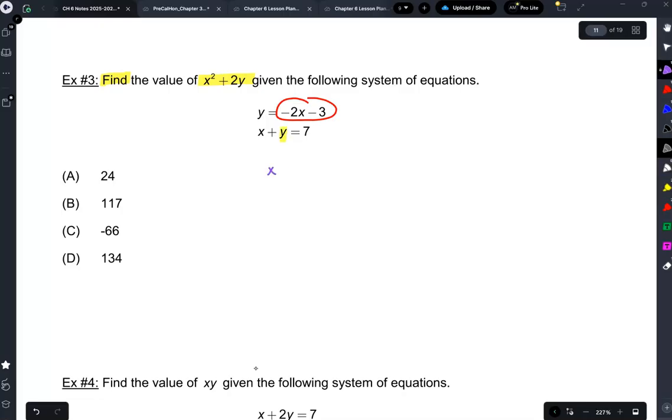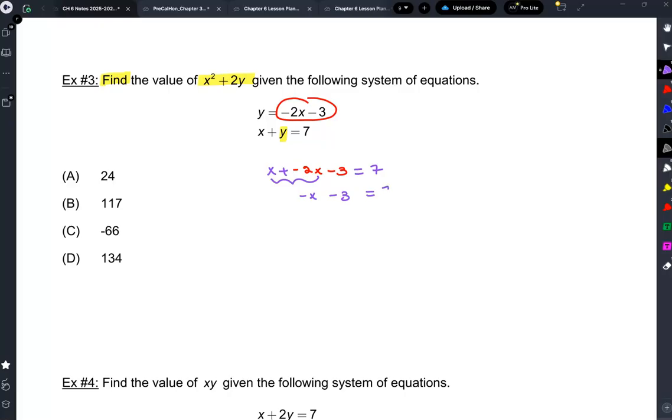So we're going to get x plus, just like yesterday, okay? Right? So now, what's x plus negative 2x? Negative 3x. Negative 1x. 1x minus 2x is negative x minus 3.